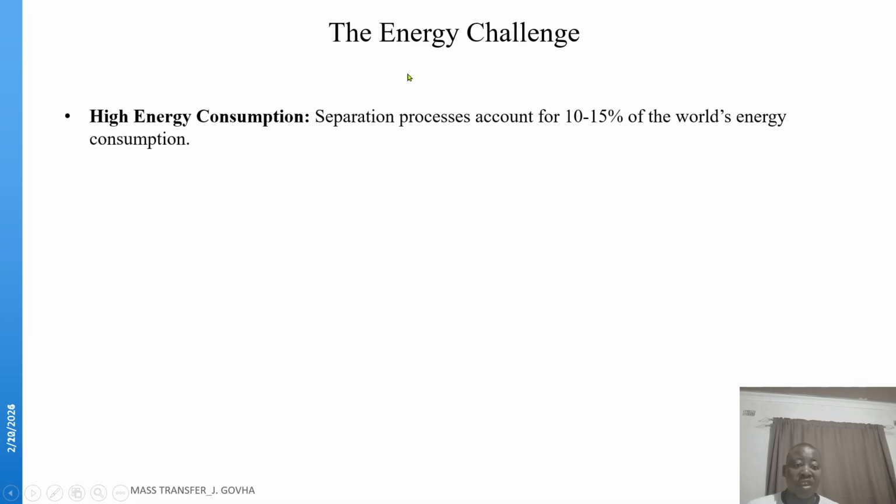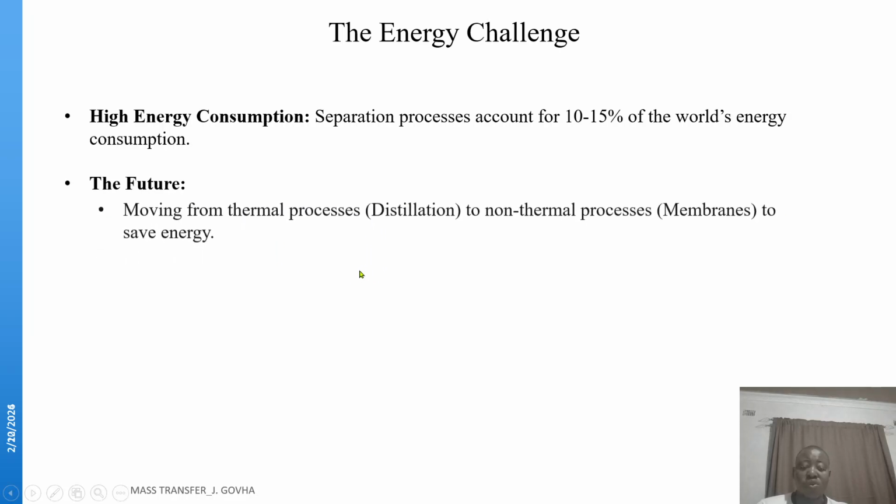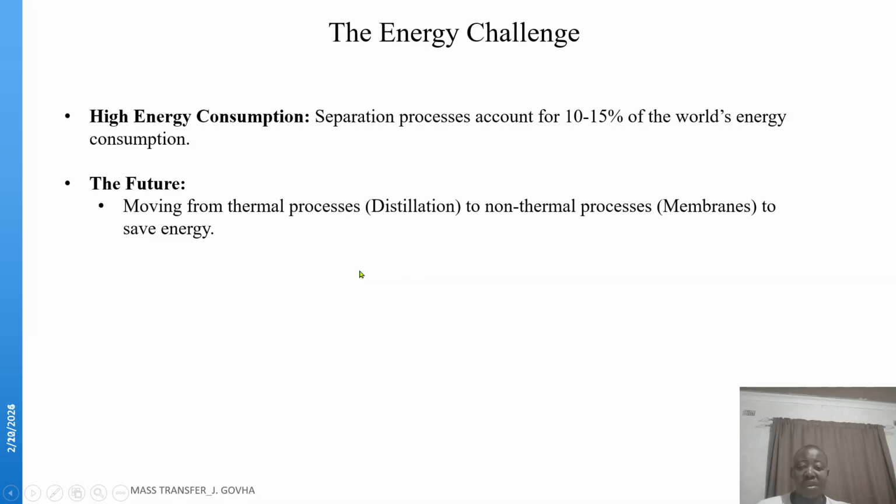So, the energy challenge. The most difficult issue is the energy demand posed by separation processes. Understand that 10 to 15% of the world's energy consumption is through these separation processes. So what does that mean?